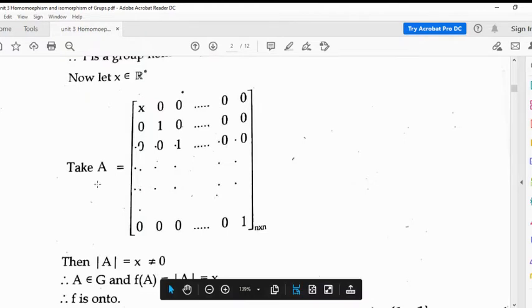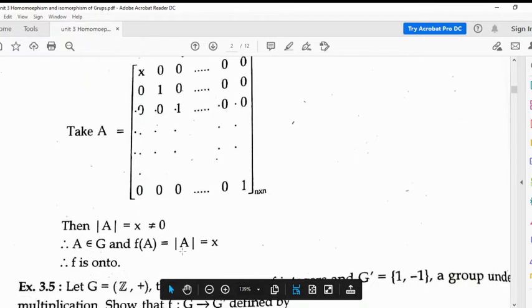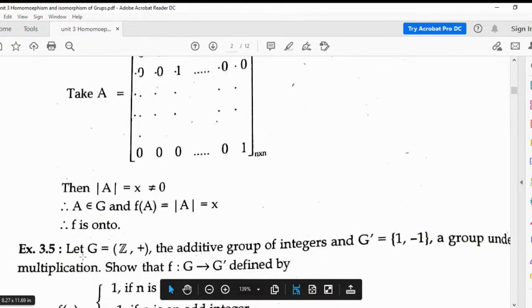Clearly, if we take the determinant of this matrix, it is x, and x is non-zero because x belongs to R star. So A belongs to G, and f of A is equal to determinant of A is equal to x. So for every x belongs to R star, there exists an element A belongs to G such that f of A is equal to x. So f is onto.